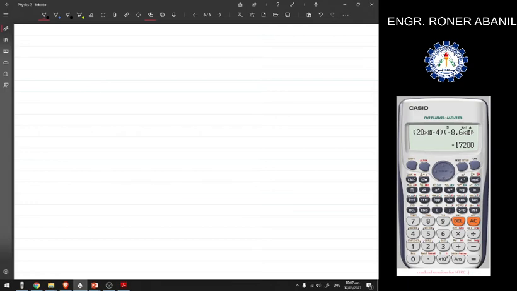So dito pwede nating gamitin yung equation na Q equals mc delta T, no? So this is problem number 5. So dito pwede nating gamitin yung formulang Q is equal to mc delta T. Ayan. No?